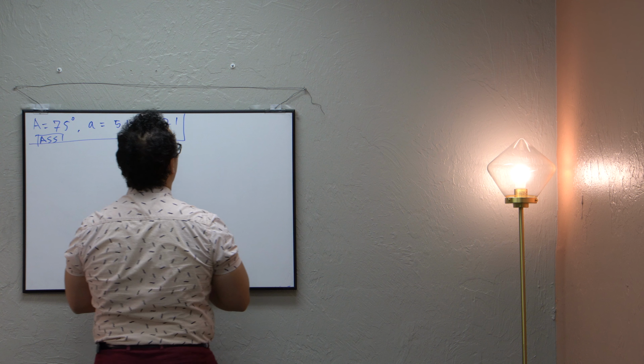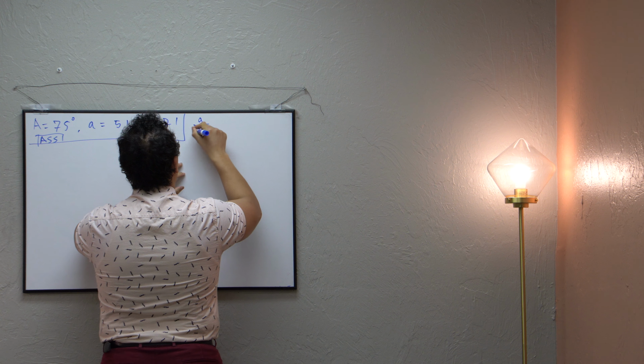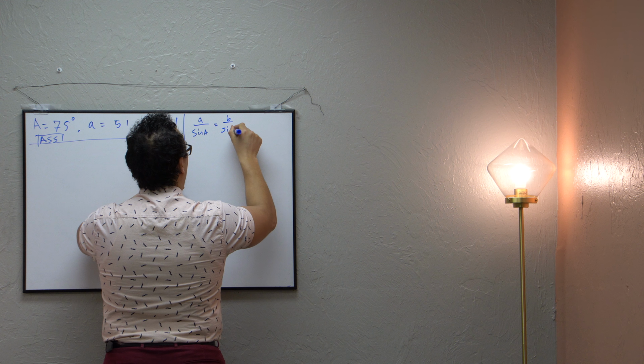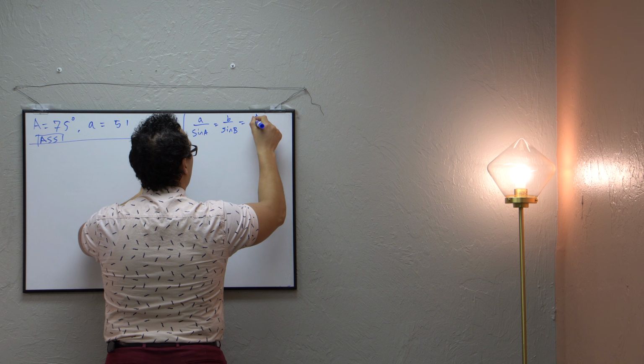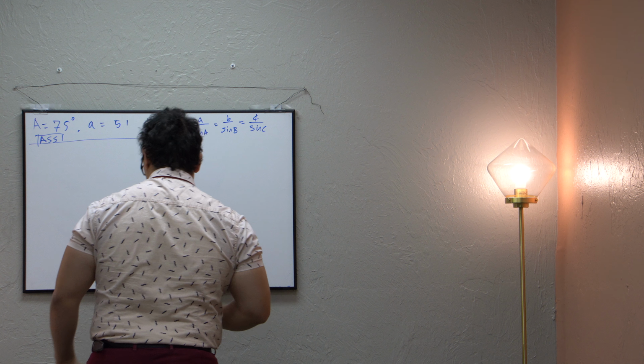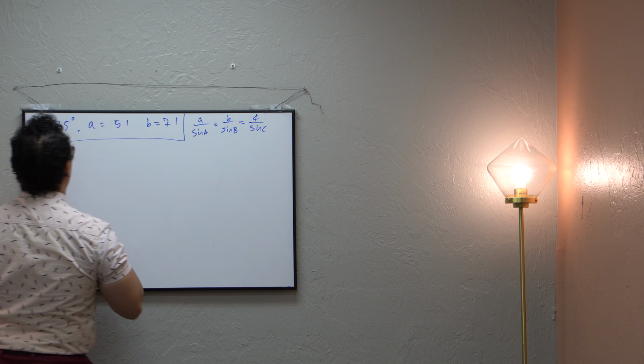The law of sines tells us that little a over sine of capital A is equal to little b over sine of capital B, which is equal to little c over sine of capital C. Then we can fill out the parameters that we have.